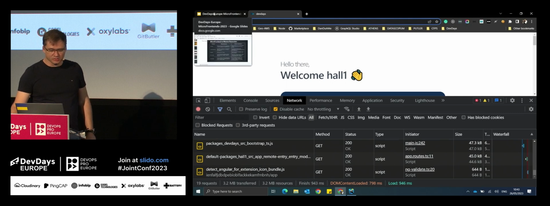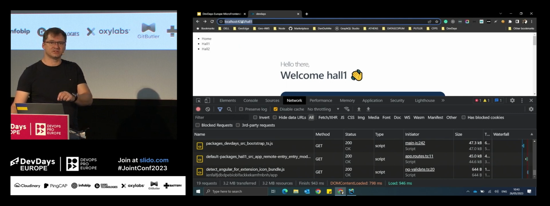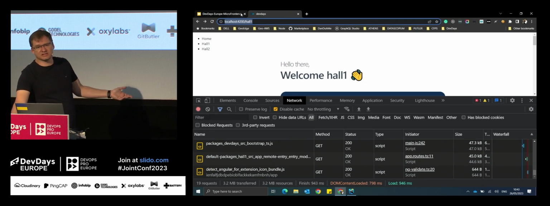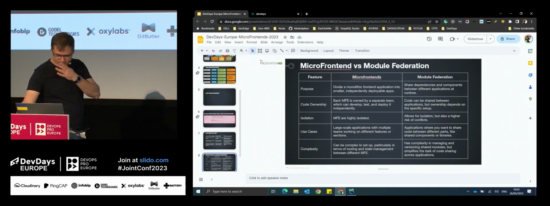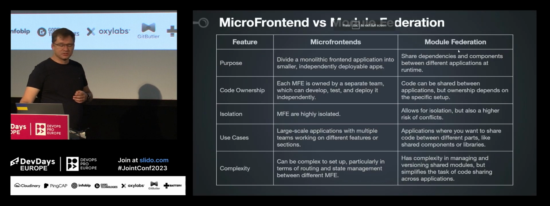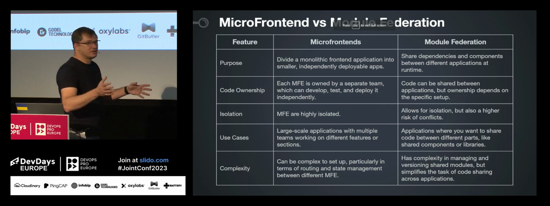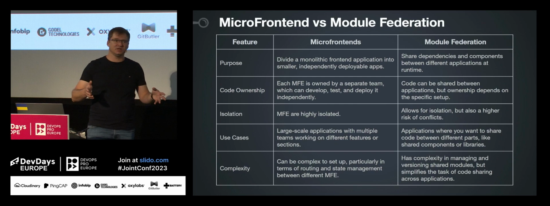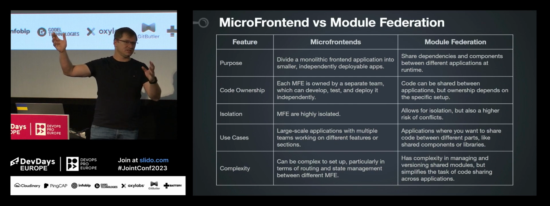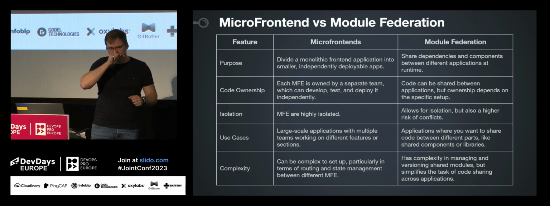They can be loaded from the same domain where your application is running, or from another one. It doesn't matter. So you can build a library of components and modules that actually sits somewhere on a CDN, and then your micro-frontends, when they are running at runtime, can just load the components from there.